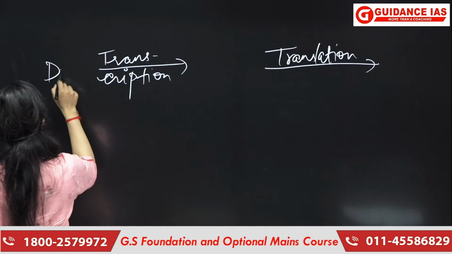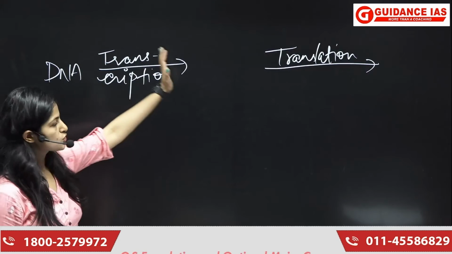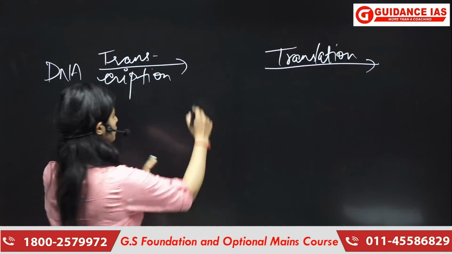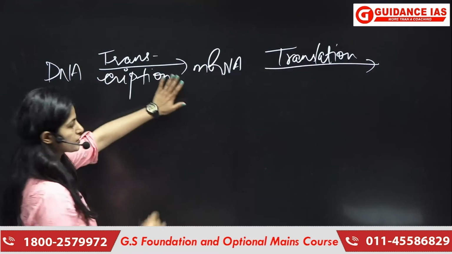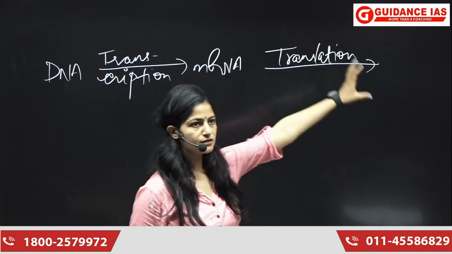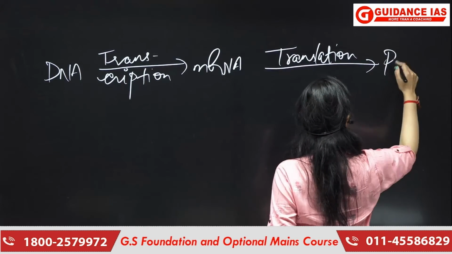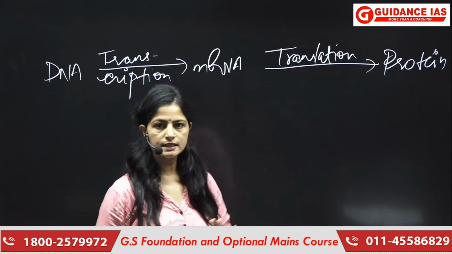So we all have DNA in our bodies. When that DNA gets transformed into mRNA, we call it transcription, okay? And now this RNA, when it gets transformed into proteins, we call it translation.